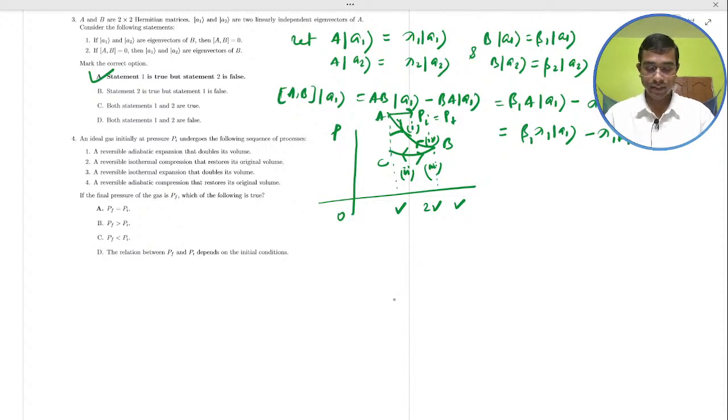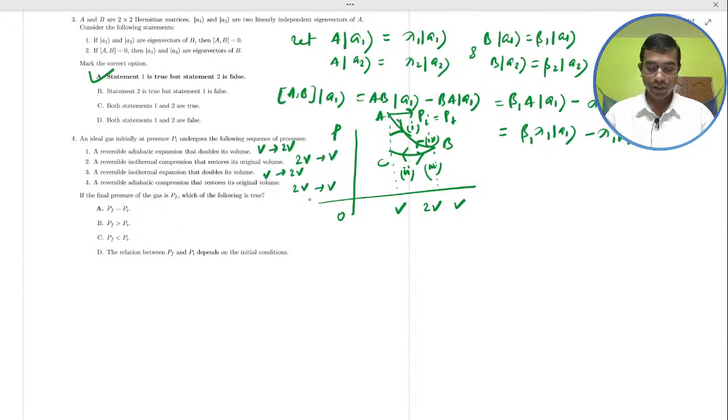Reversible adiabatic expansion, V to 2V. Reversible isothermal compression, 2V to V. Reversible isothermal expansion, V to 2V. And reversible adiabatic compression, 2V to V. So these 4 processes are presented on the PV diagram.